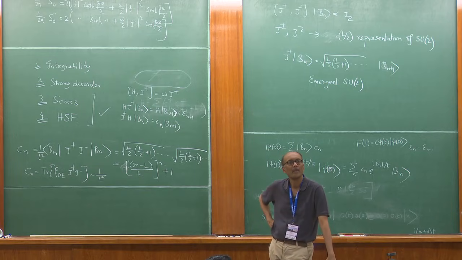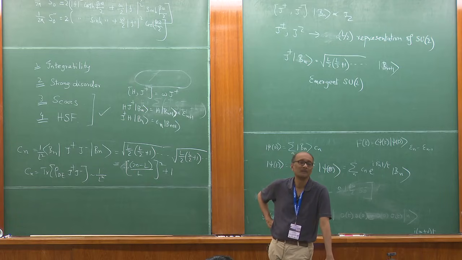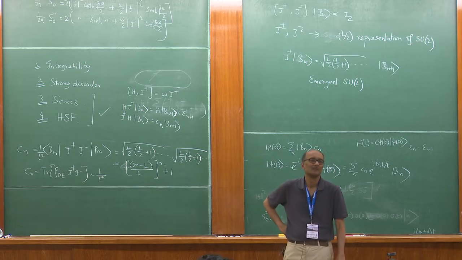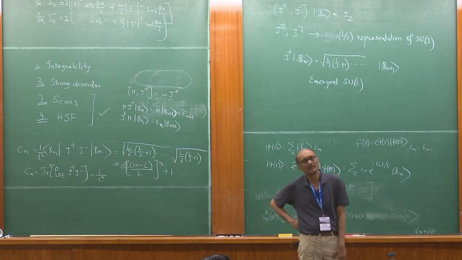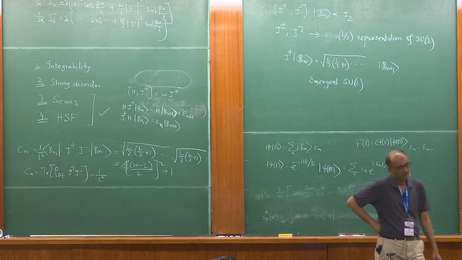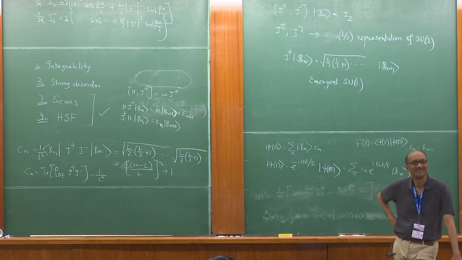Suppose I write down a Hamiltonian. Is there any way to know that this Hamiltonian is going to have this kind of emergent symmetry? Oh, no, the reverse problem is difficult.